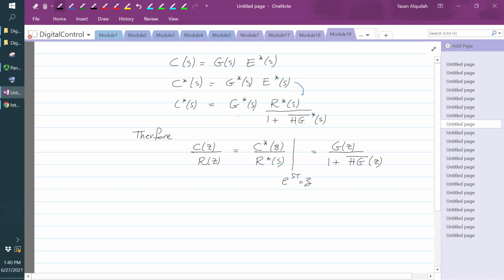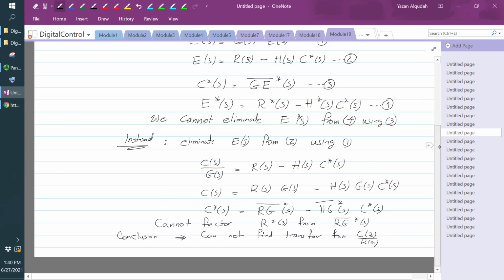If I replace E to the ST with Z, I'm going to get G of Z over 1 plus HG of Z. And therefore, this is the transfer function between C of Z and R of Z. And notice here, this transfer function, we're going to be able to obtain it after we multiply H multiplied by G and take the Z transform of that.